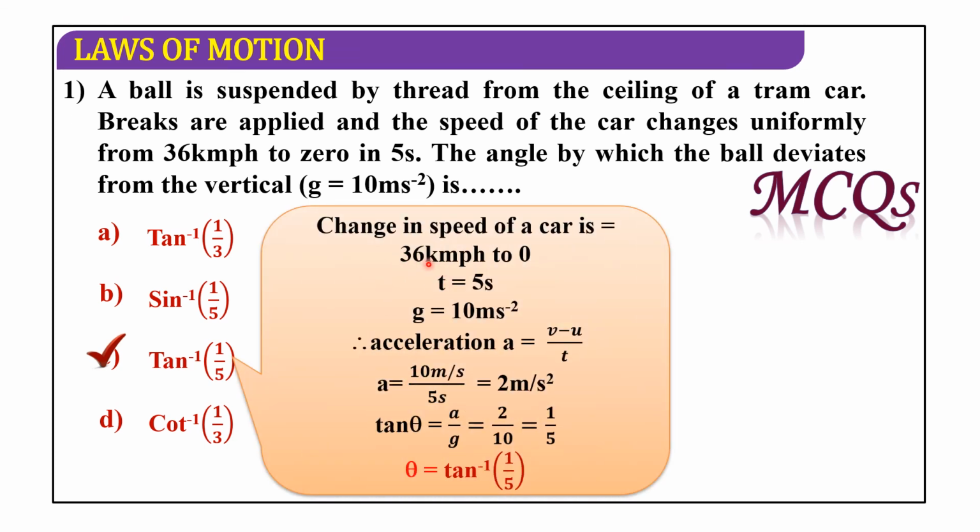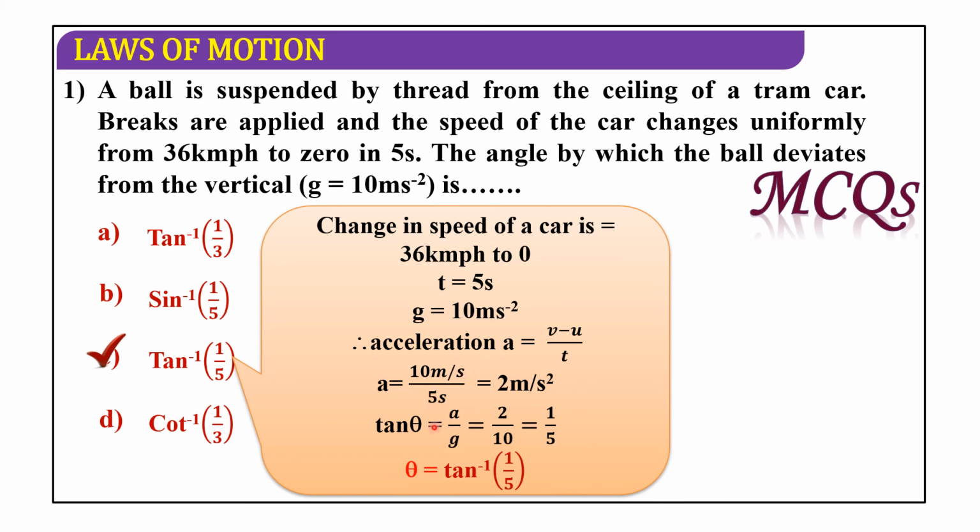Here the change in speed of the car is given as 36 km/h to 0. Time is given as 5 seconds, g is given as 10 meter per second square. Acceleration a is equal to v minus u by t. Substituting values, 36 km/h converted into meter per second is 10 meter per second, by 5.